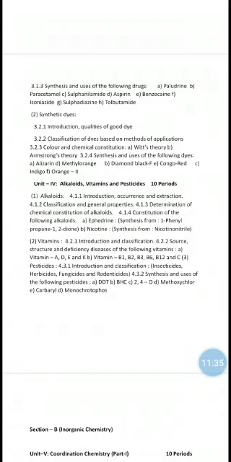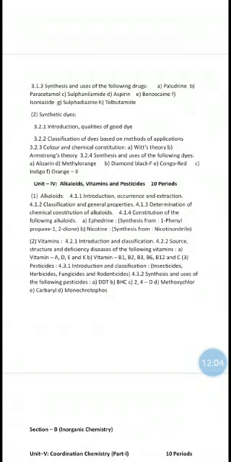As you know, B complex is a group of B vitamins. B complex and vitamin C are water soluble vitamins, while all the others are fat soluble.